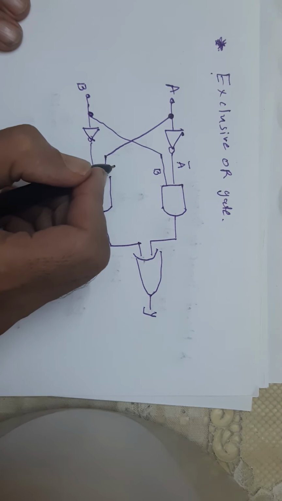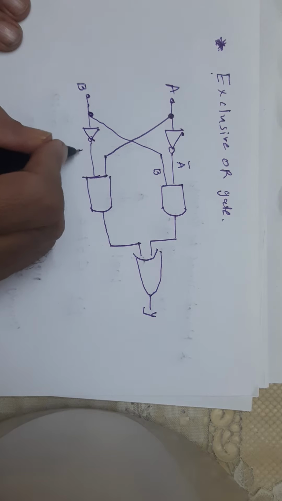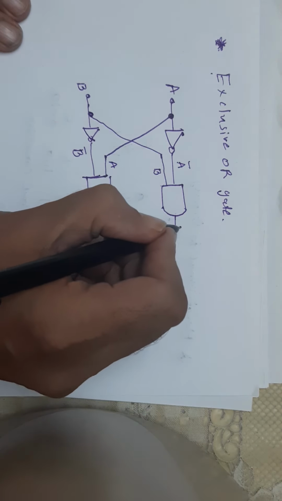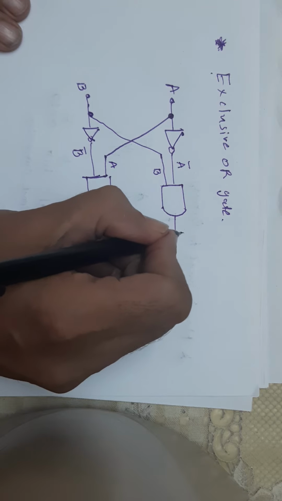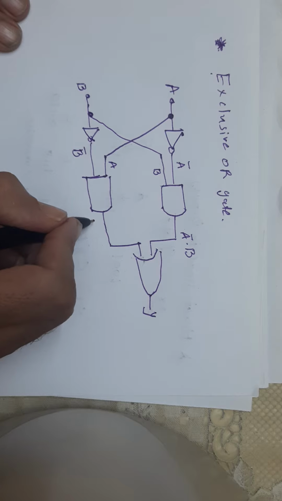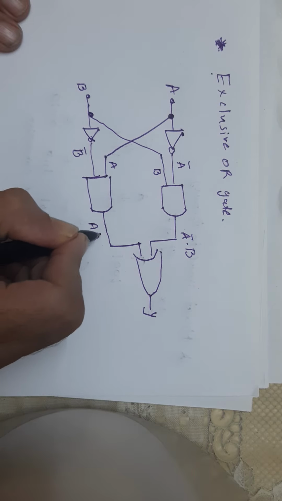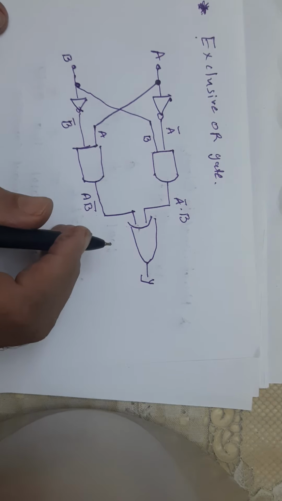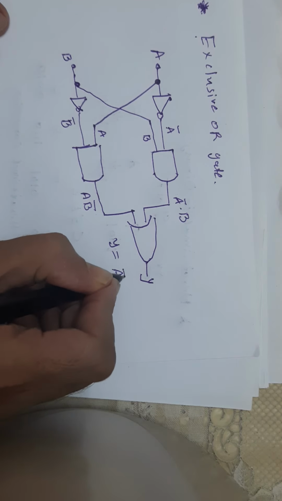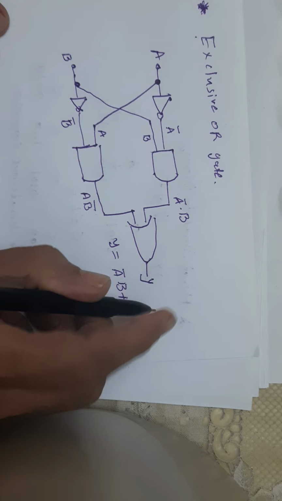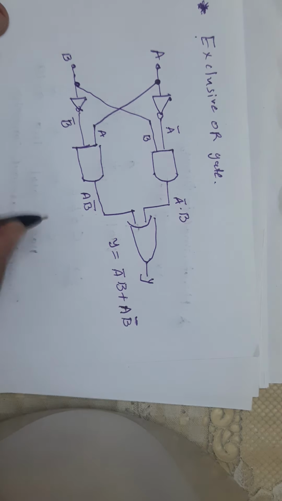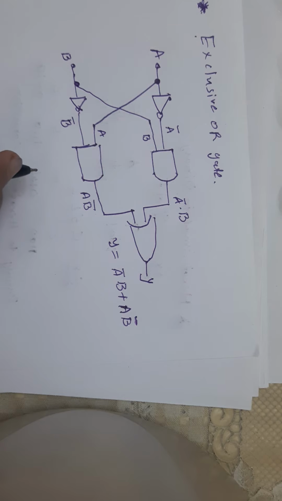This is your B bar, and this A is connected here. Output of the AND gate is A bar dot B, output of the second AND gate is A B bar, and the final output Y is equal to A bar B plus A B bar. This is the final output.